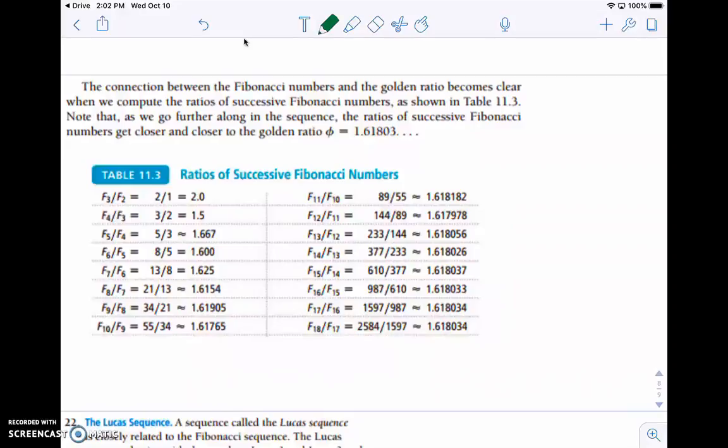So if you start with the third and second term, that ratio 2 over 1 is 2. Then the fourth and the third, which is 3 and 2, that ratio is 3 over 2, or 1.5. Then the next one is 1.667, then 1.60, then 1.625, 1.615, 1.61905, and so forth. And notice that it really begins to hone in on the golden ratio as you get further and further on in the sequence.